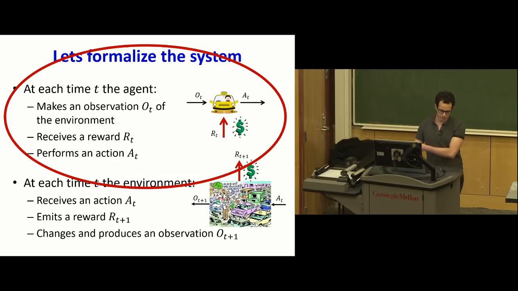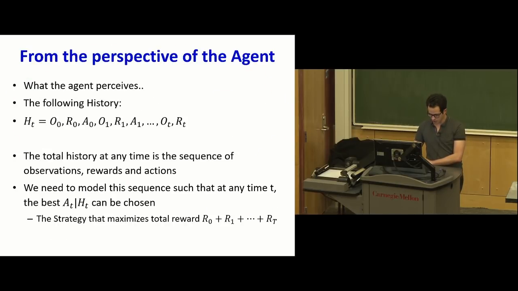The environment is modelized by something else. So from the agent's perspective, things happen this way. First observation, then reward, then action, then observation, then reward, then action, etc. And the history is going to be the sequence of all of those. And you're going to need to model this sequence so that you can choose the best action at every time step.